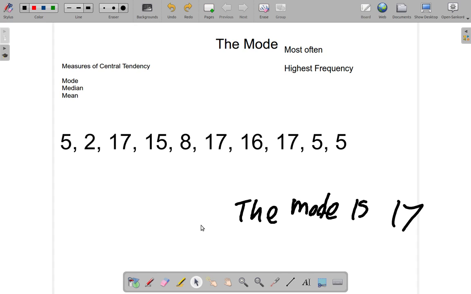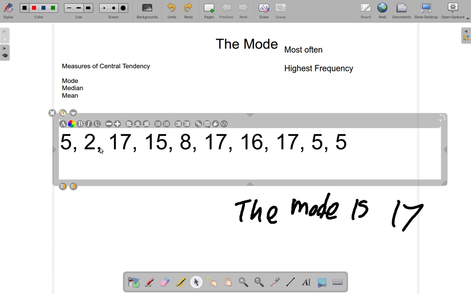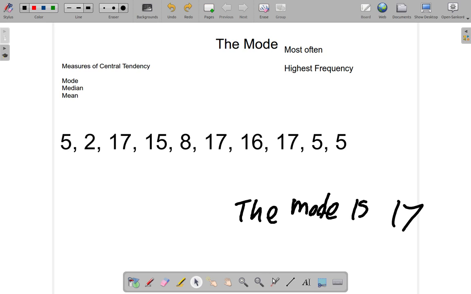5. What is the mode? Let's see. I see 5, 1, 2, 3 5s. 17, I see 1, 2, 3 17s. 15, only 1, 8.